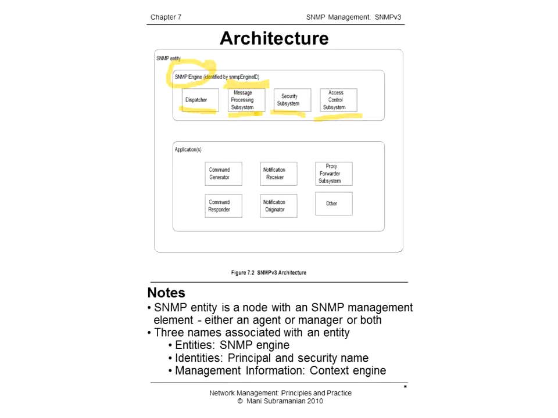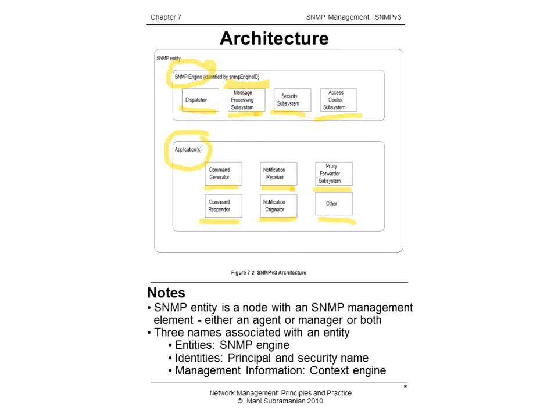Next we have the application module. This application module is made up of one or more applications, which comprise command generator, notification receiver, proxy forwarder subsystem, command responder, notification originator, and others.